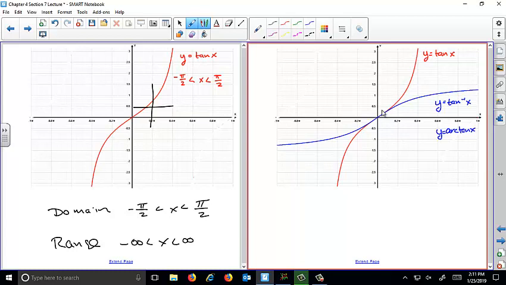Now the blue curve here is the inverse tangent function. For the inverse tangent function, the domain is negative infinity to positive infinity, and the range is negative pi over 2 to positive pi over 2.